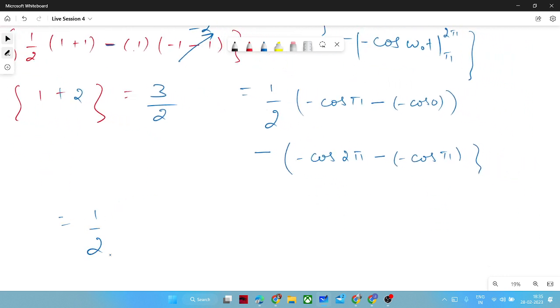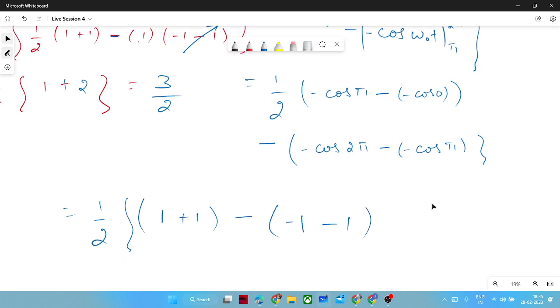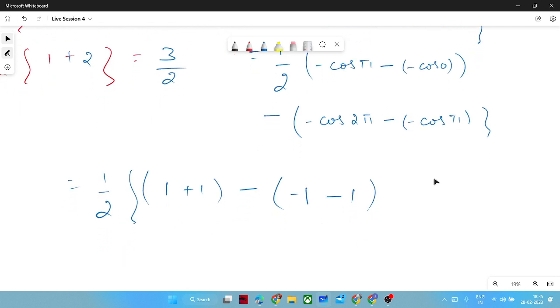So half minus cos pi will be 1, minus plus 1 again. Half is minus cos 2 pi would be minus 1. Yeah, now it is coming, I guess. Minus cos 2 pi will be minus 1, minus cos pi would be minus plus, and cos pi would be minus 1. So it's minus 1. Yeah, now I think it is correct.